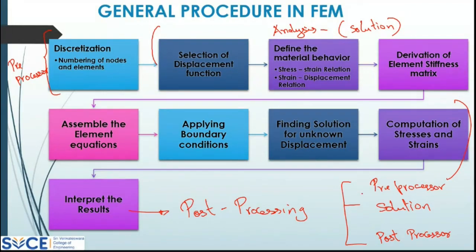It means that up to meshing, when you have a component, you choose a component, choose an element, and up to meshing, we go for this pre-processor. After that, applying the boundary conditions, then solving the problem, everything comes under solution. And after you identify the solution, interpreting and looking after the results, that one we call post-processor, right? So these are the general steps. This is what we discussed last class, right?